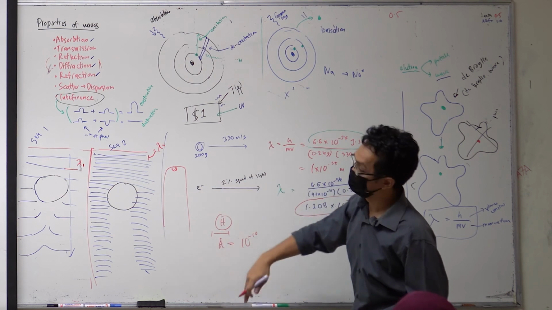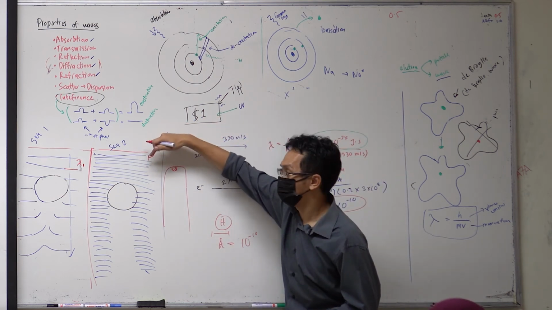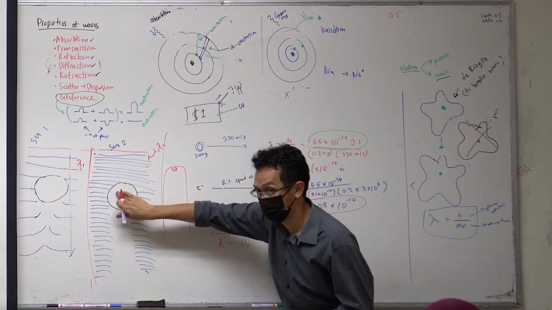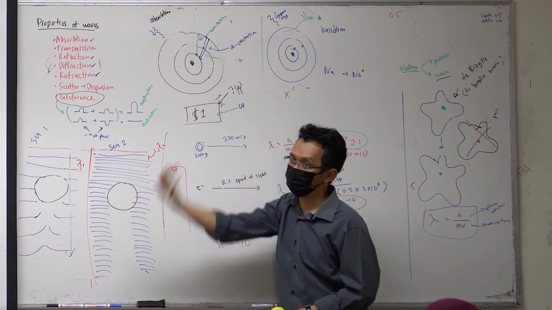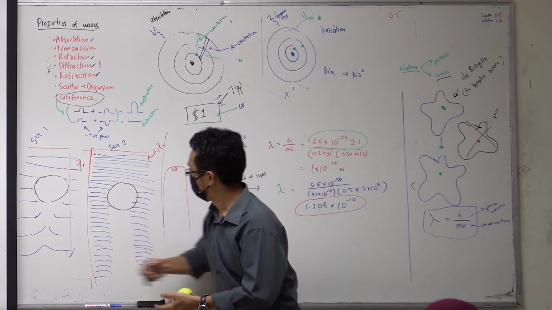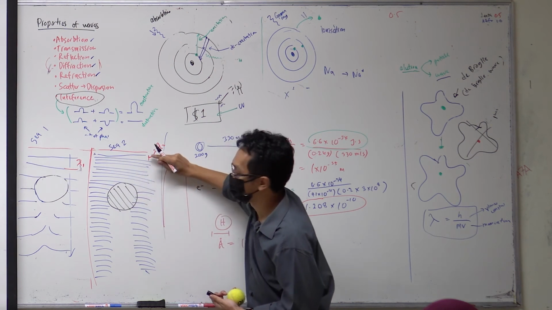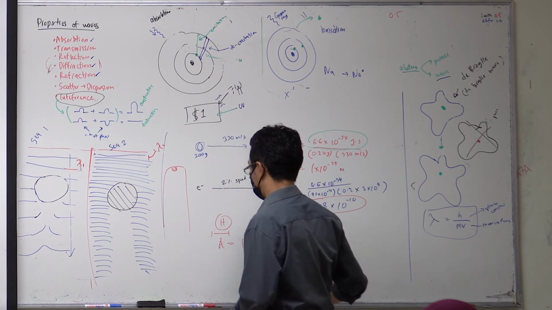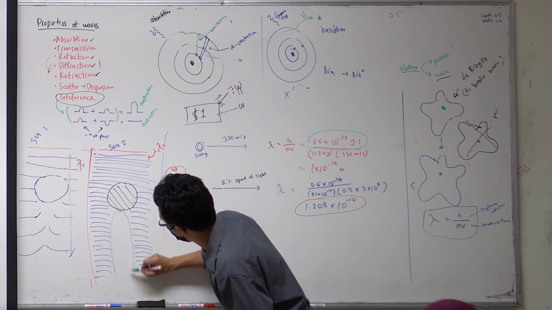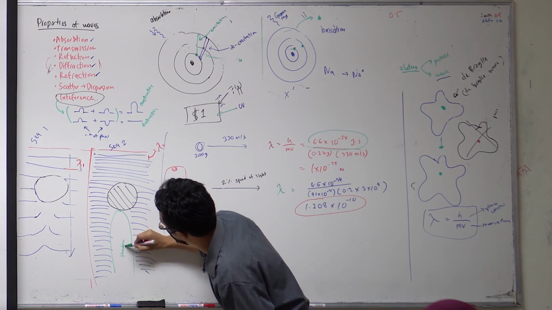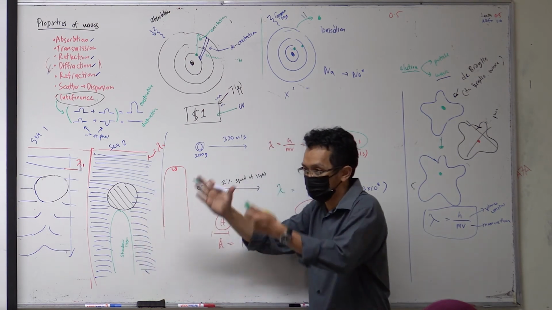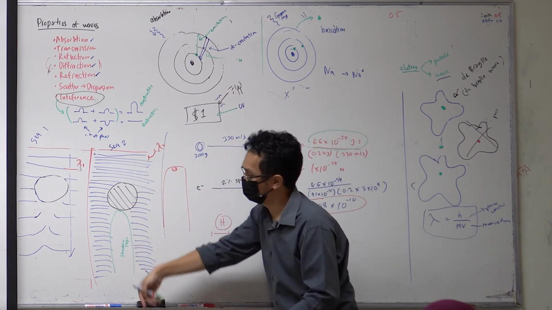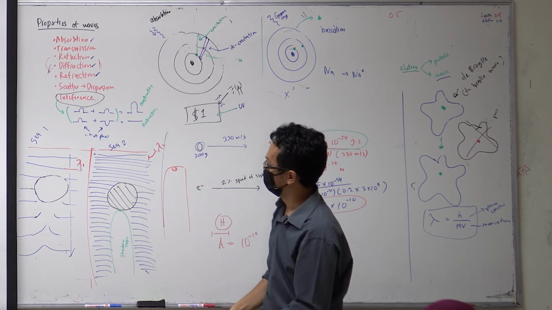You see the difference: when you use a smaller wavelength and it hits an obstacle, for example a stone, if the wavelength is too small, it just goes through. This is what we call the shadow region.